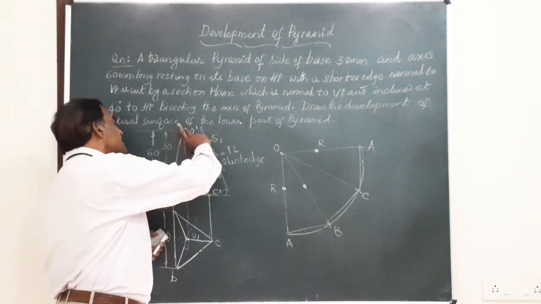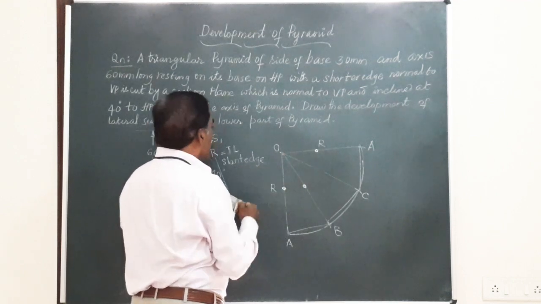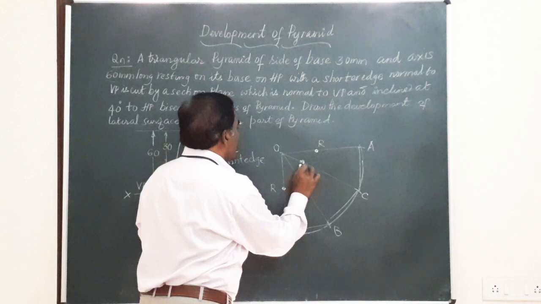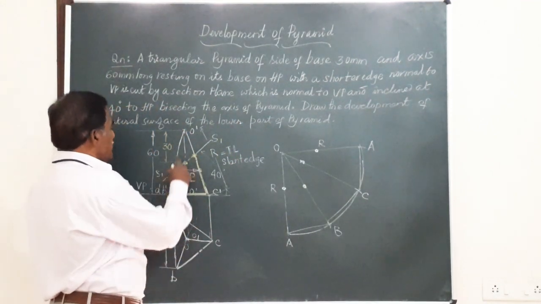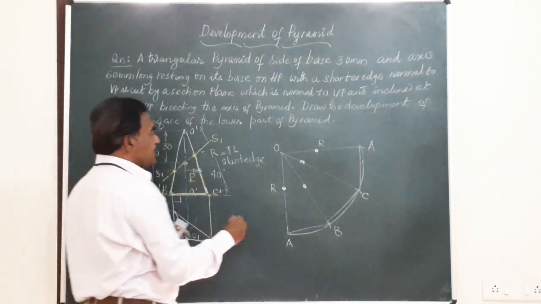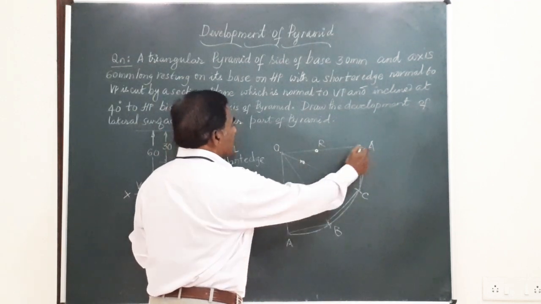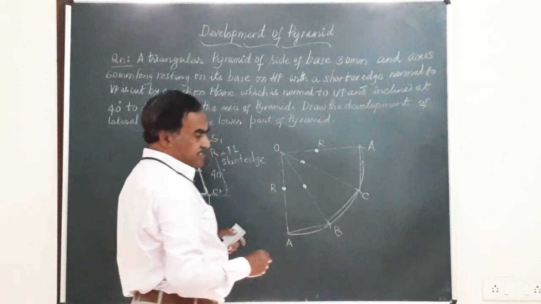So measure this distance and transfer the distance to the line OC. So we are going to get another point here. So we have got the 4 points, 2 on this OA, OB and 1 on OC, and this is repeated because the starting slant edge on the last will be same. So I am going to join all these by straight lines.